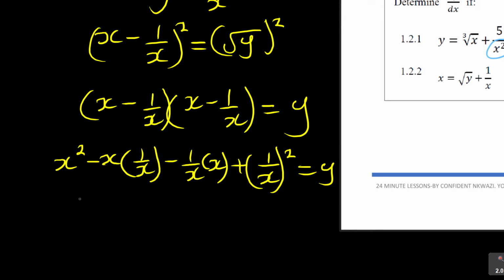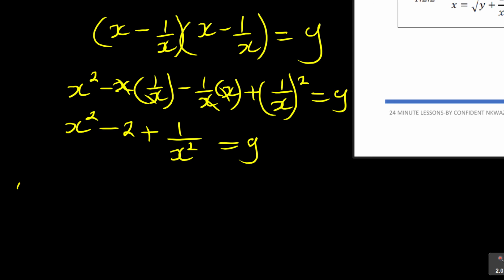So what do you do? You can say now x squared, this cancels to give you minus 1, which is minus 2, and then plus 1 over x squared here is equal to y. So you can rearrange this and say, therefore y is equal to x squared minus 2 plus, now don't leave it as a fraction, take it to the top.